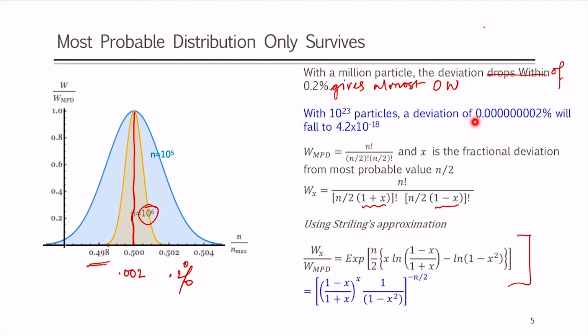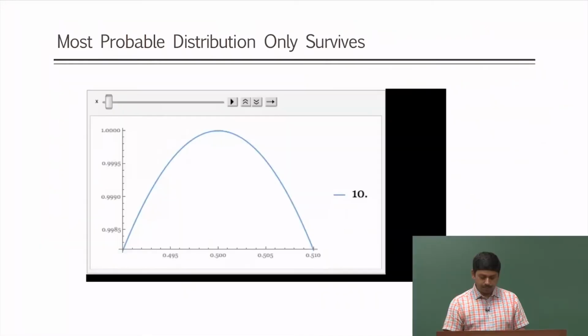So, I have used Stirling's approximation which I discussed last time, that ln n factorial is n ln n minus n, and arrived at this formula where this deviation is represented by these two equations. It is not so important, but just to tell you that you can get the number above using a formula like this.